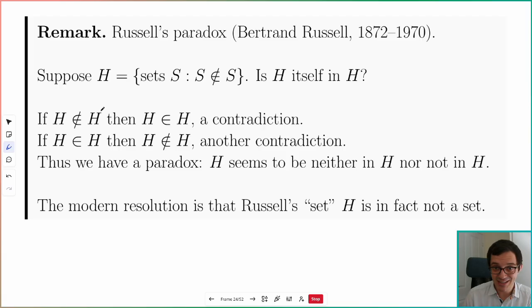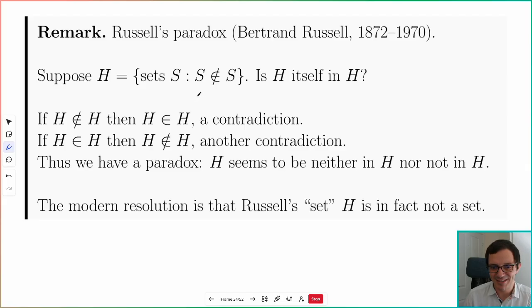It meets the conditions set out by the property. So it would have to be in this thing, which is called H. If it's not in H, then it's in H. And the other way around, if H is a member of H, then it must satisfy this property, which says that H is not in H. Oh dear.